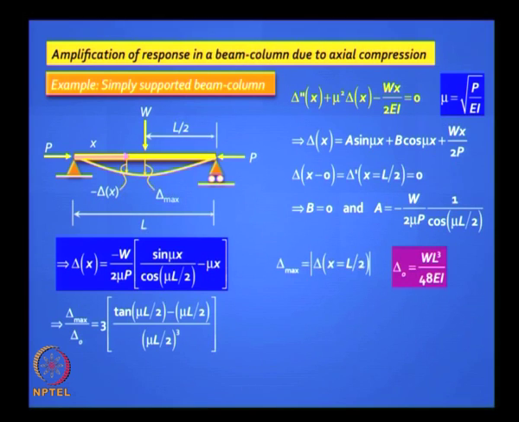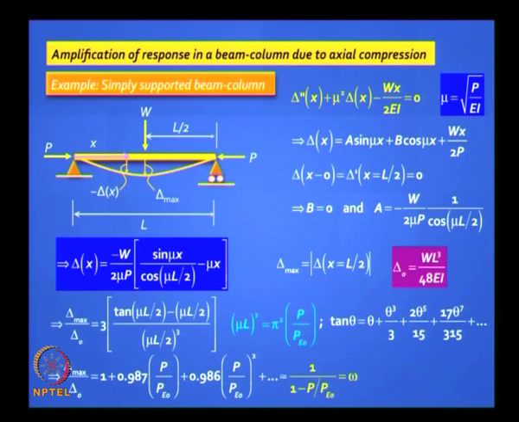I expand it in a series. What's that series called? The Taylor series, but in this case it's a Maclaurin series, right? So you expand it, also you expand mu L squared, and when you make those substitutions you can find out that that series approximates to exactly 1 divided by 1 minus P by PE.